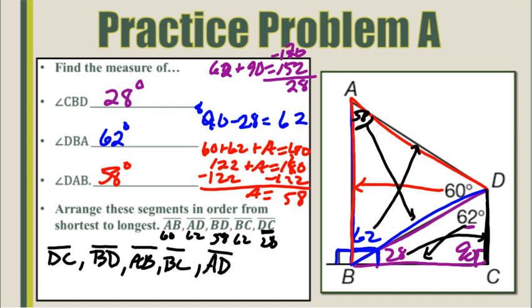They're tied with 62. So that's our lesson today on relative sizes of sides and angles of a triangle.